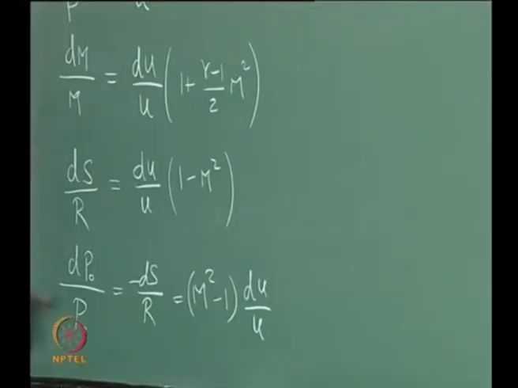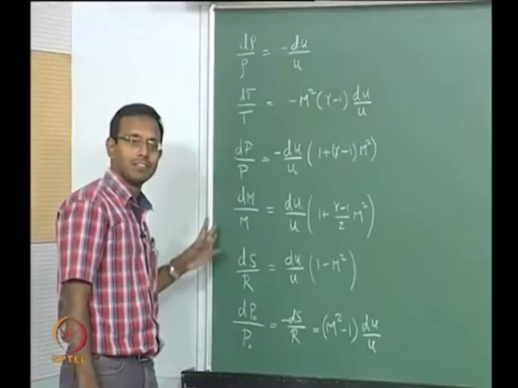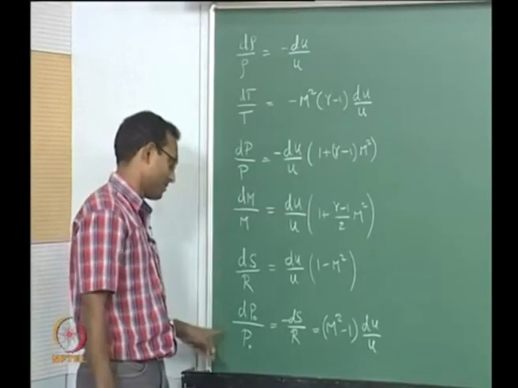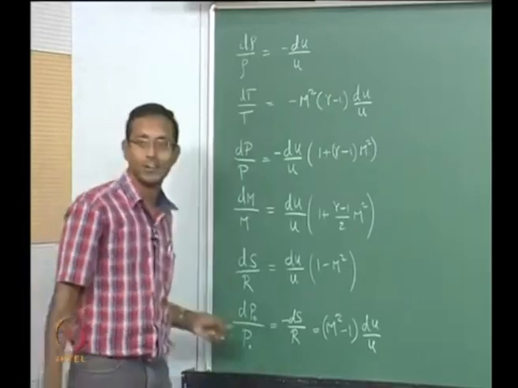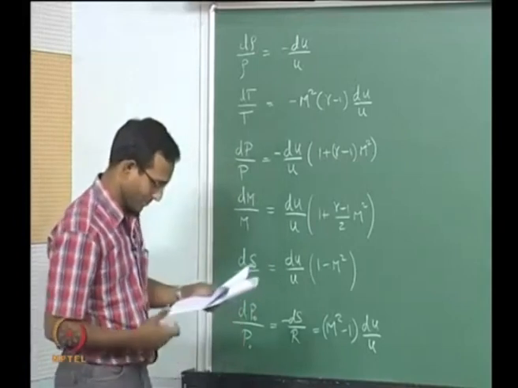How do you know this? We already derived this particular thing long back. We will just keep it the same. Since it is adiabatic, it will come out to be this. If it is not adiabatic, it may not be this simple an expression. There will be a T naught variation also. We will ignore that for now.